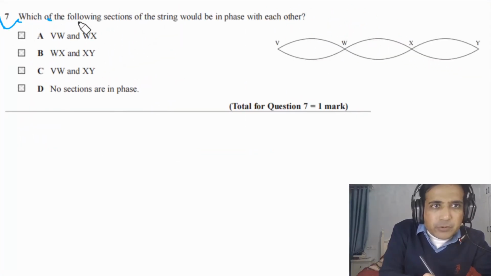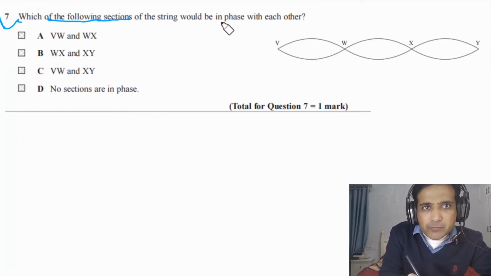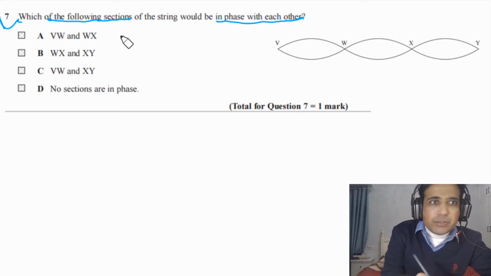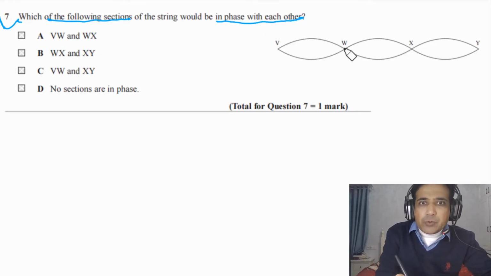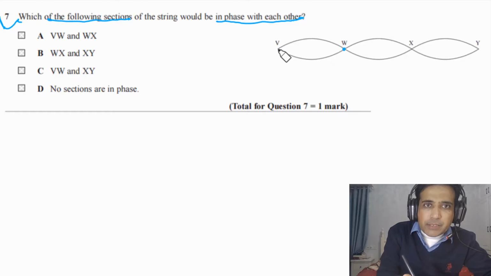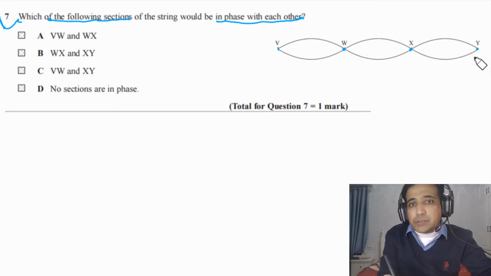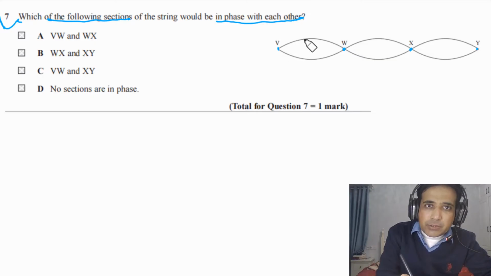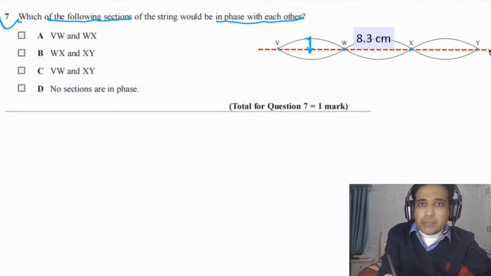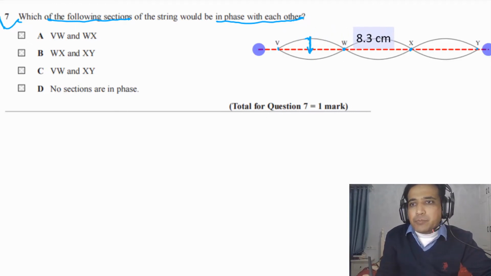Question 7 says, which of the following sections of the string would be in phase with each other? So we have to look at these sections. We have section 1 here, the second section, and the third section. In this section, if I look at this point, let's say this particle is moving down. It has a certain amplitude, so we can also draw the line here. It's very important to understand this well.